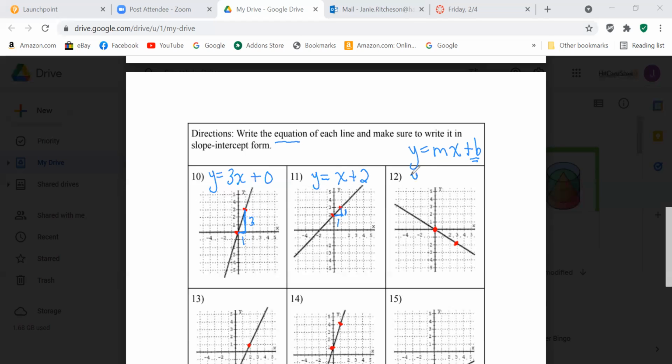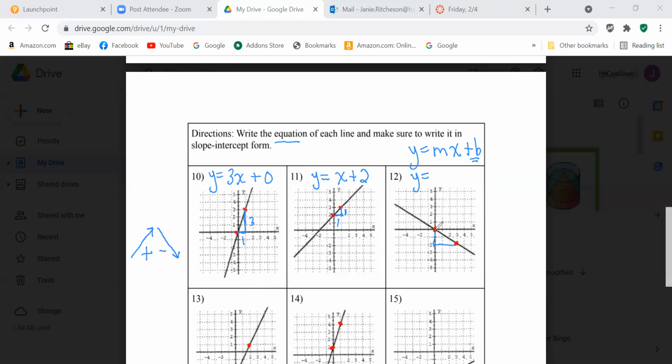All right, number 12. So let's make our right triangle. Here's our y-intercept. We're going to go straight out and then do our right triangle. Now this time our slope is negative. Do you notice if your line goes up and to the right it's positive, and if it goes down and to the right it's negative? So these went up and to the right, up and to the right, down and to the right. So it's negative.